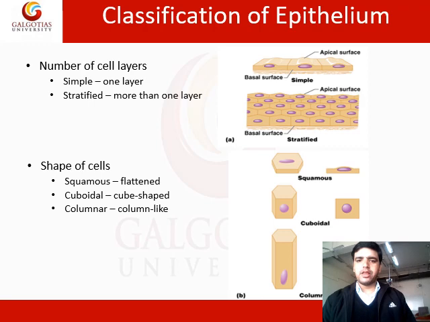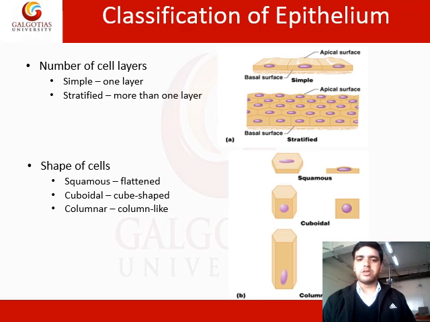Further, the epithelium can be divided into different categories. Based on the number of cell layers, the epithelium can be divided into simple epithelium or stratified epithelium. Simple epithelium means the cells will be arranged in a single layer. If more than one layer is there, then that type of epithelium is known as stratified epithelium.